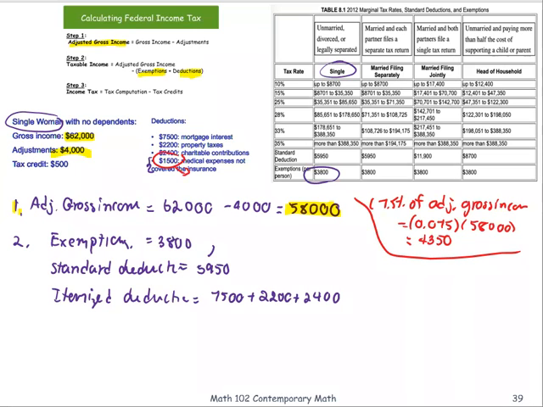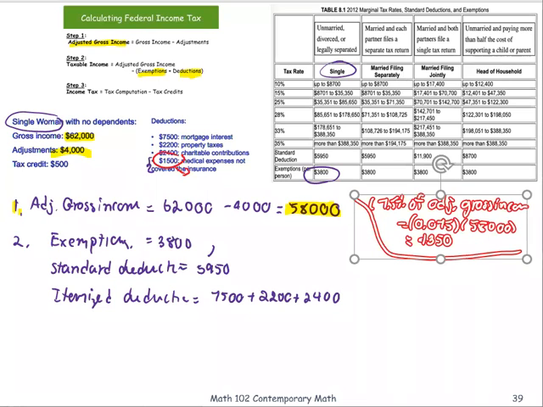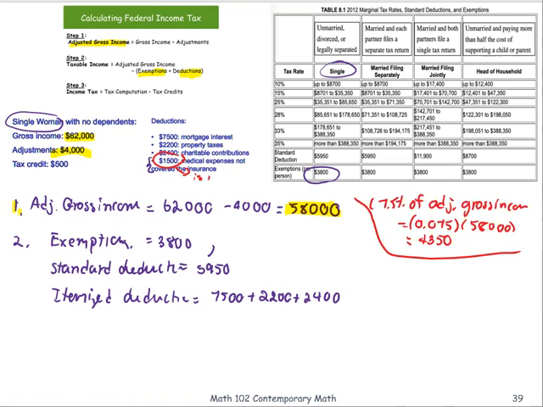So since 1,500 is not greater than 7.5% of adjusted gross income, then we don't include it.